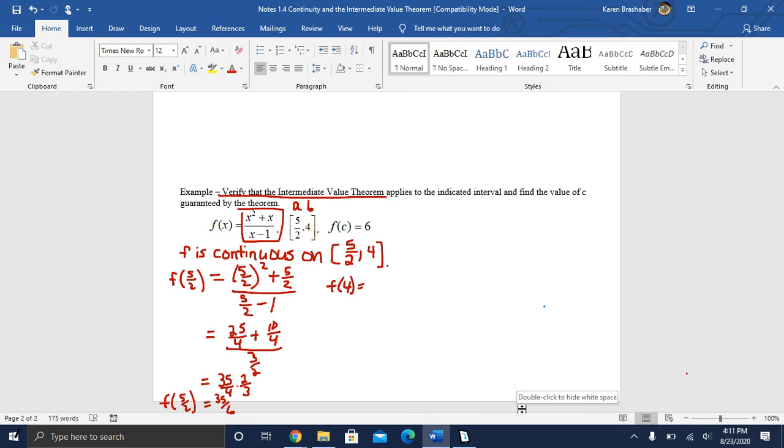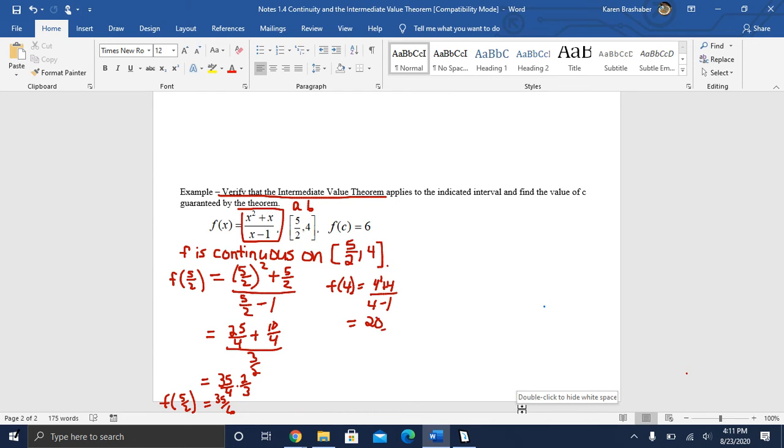So f of 4 will have 4 squared plus 4 over 4 minus 1. So that would be 16 plus 4. So we'll have 20 in the numerator and 3 in the denominator.